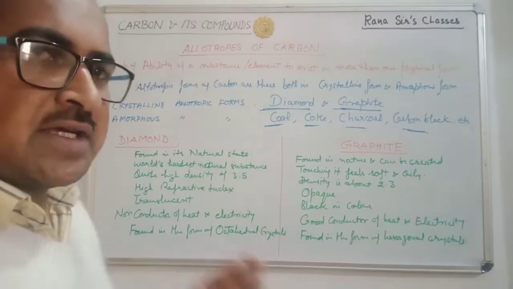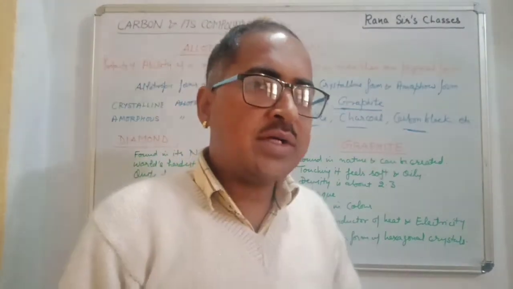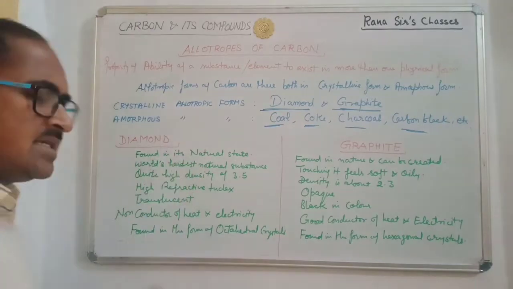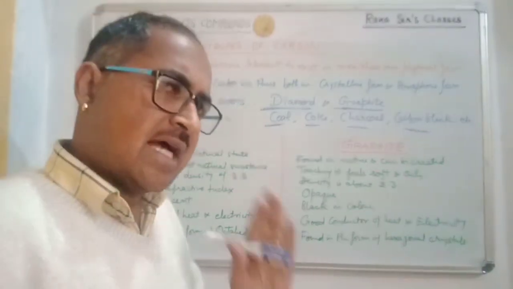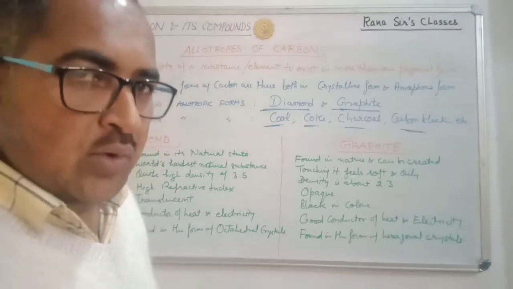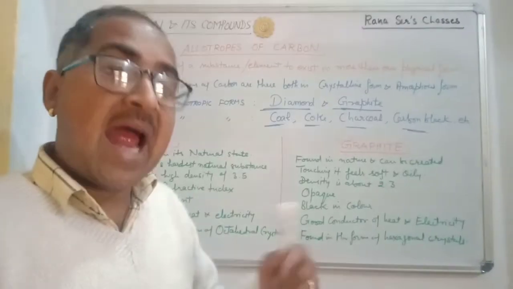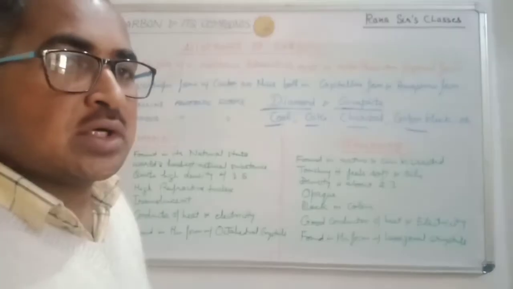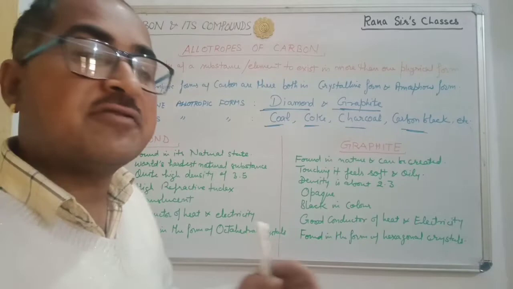Now students, first we should understand how diamond is different from graphite. Diamond is found in nature in its natural form and it is always colorless. Impurities are added externally to give it a colorful look.